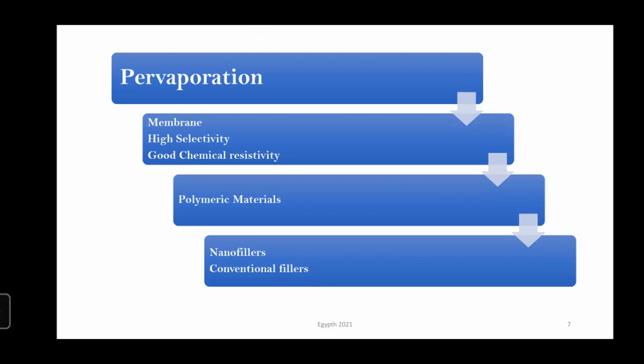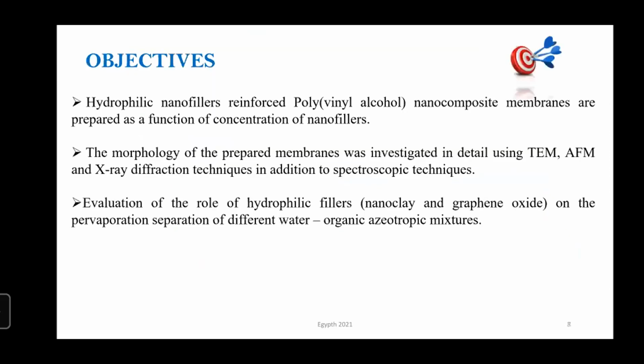Mainly we are focusing on adding nanofillers, specifically hydrophilic nanofillers, into the polyvinyl alcohol nanocomposite membrane. What is the importance of the hydrophilic membrane? We prepare a hydrophilic polymeric nanocomposite, and it forms a selective interaction with water. That is the importance of the hydrophilic polyvinyl alcohol nanocomposite membrane.